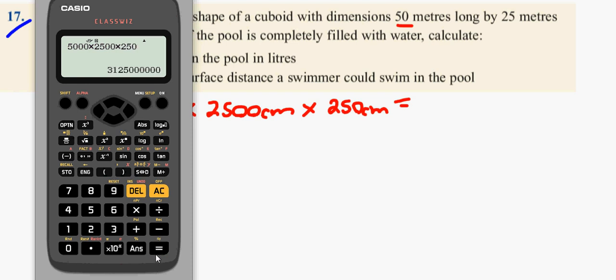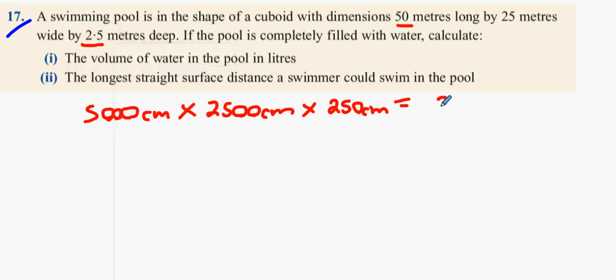Because I know 1 litre is 1,000 centimeters cubed. How many zeros is that? 6. So 3, 1, 2, 5, 0, 0, 0, 0, 0, 0 centimeters cubed.